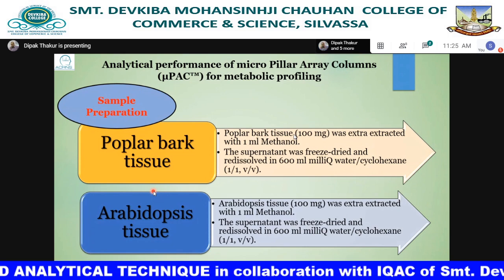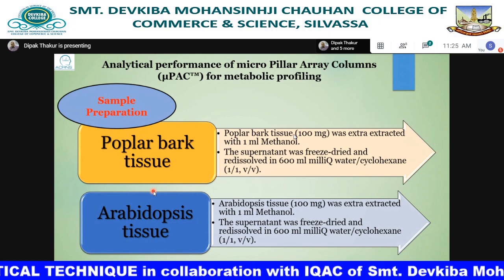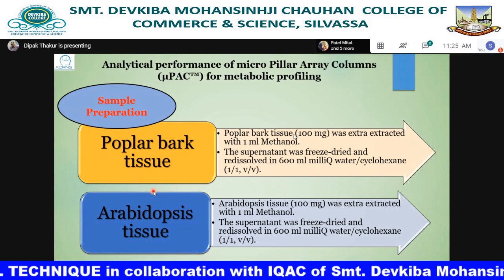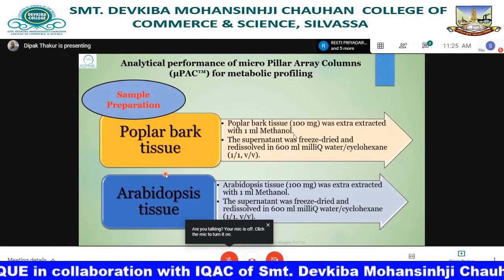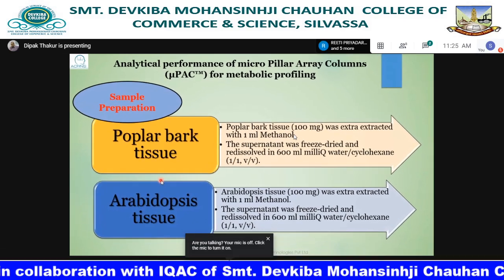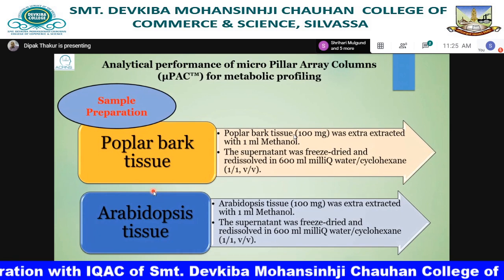Then the supernatant, that means the extract, was freeze dried and redissolved in water and cyclohexane in a 1:1 ratio. Many times this is done to get lipids away from the water soluble metabolites.